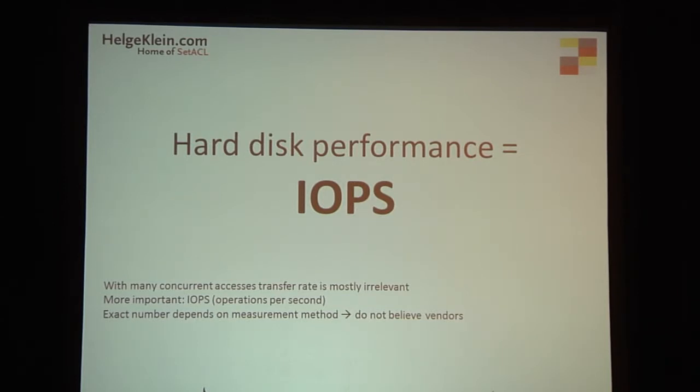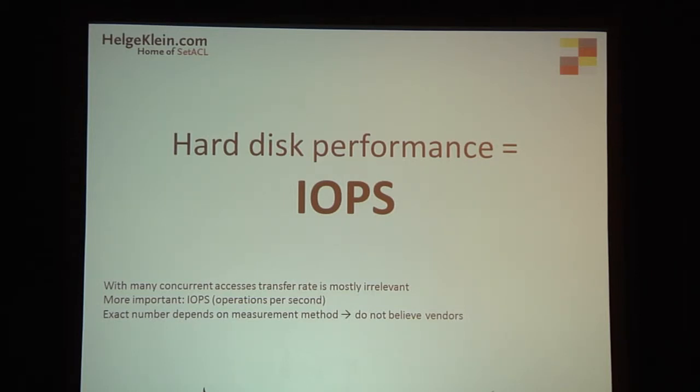Next, hard drive performance. This, as I said before, is pretty hard to measure accurately. Since I needed one value telling me what the available performance was, I chose IOPS, input-output operations per second.